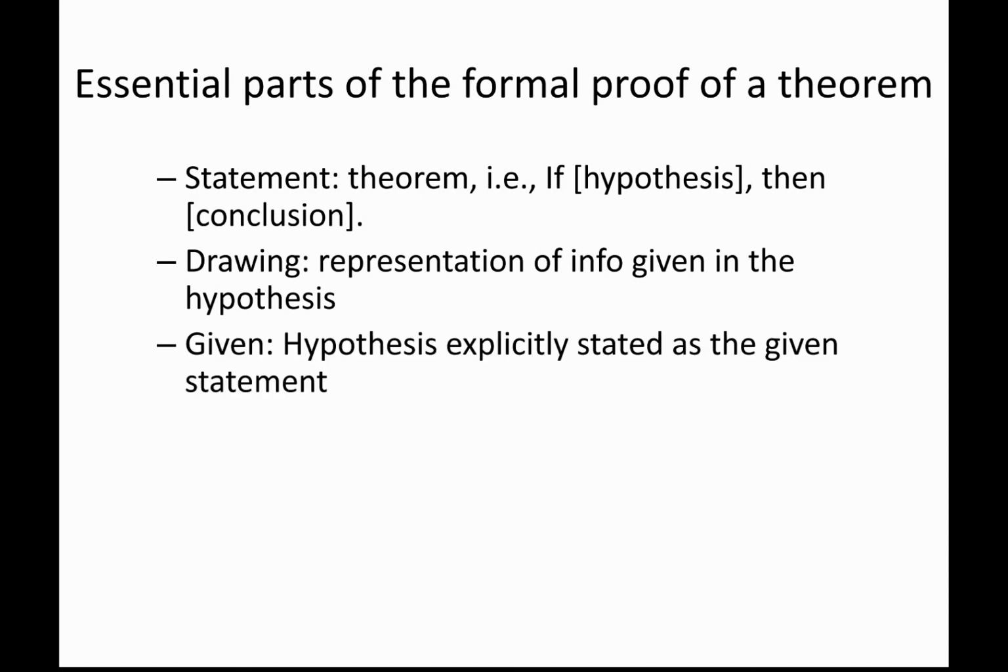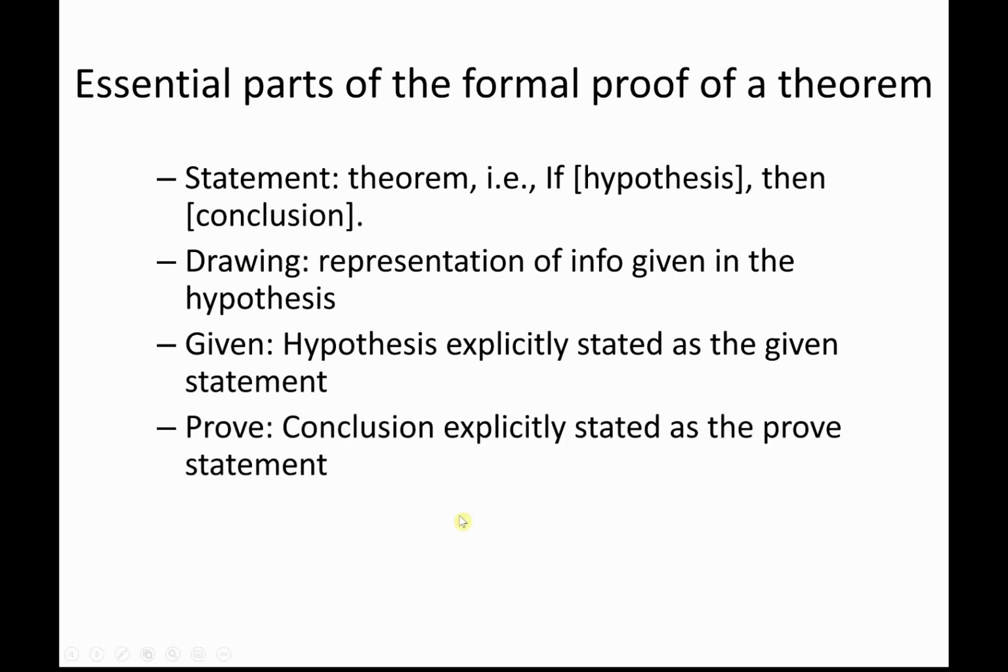All right, the hypothesis also gets turned into an explicitly stated given statement, okay? By explicitly stated, I mean you will come up with specific names for things, points, lines, things of that nature, that are linked up to your drawing, of course.